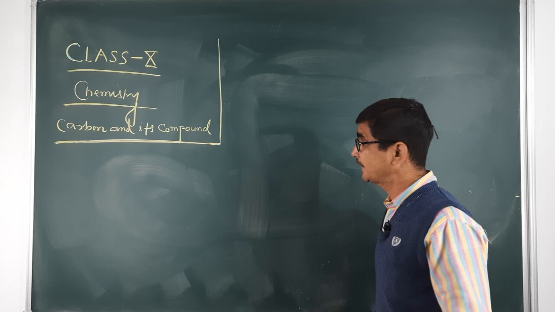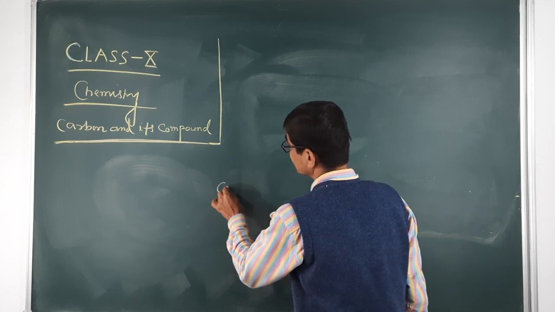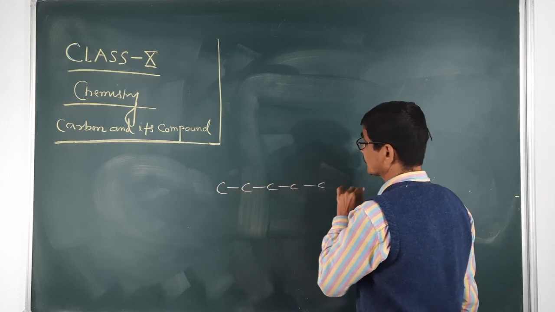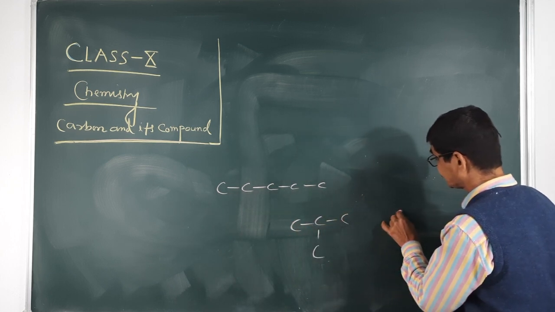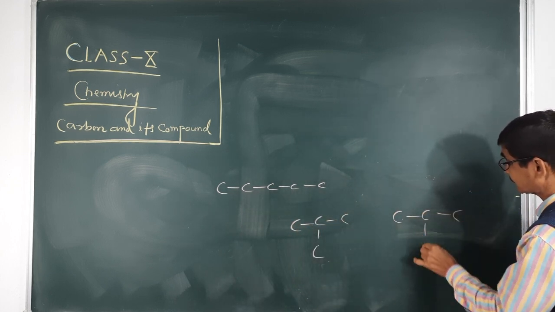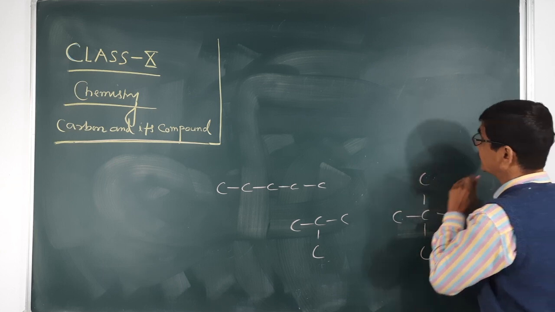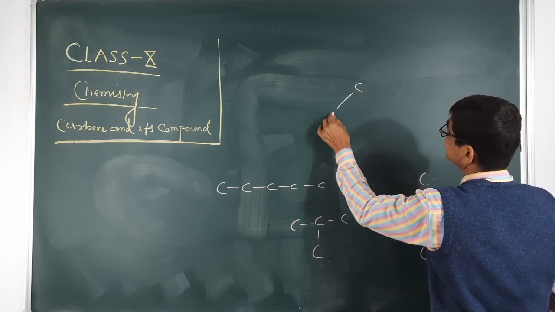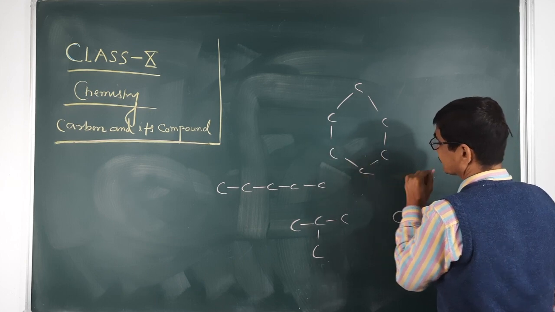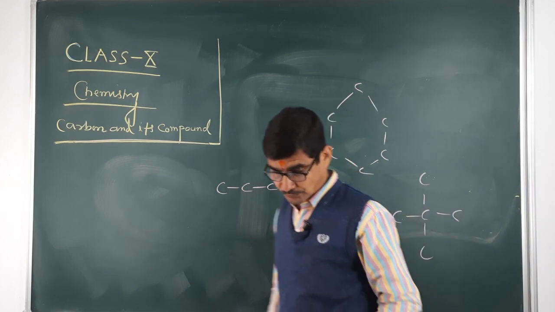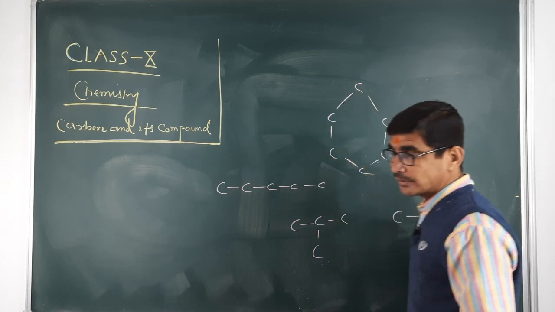And self-linking may be straight, it may be branched, or cyclic. Okay, such property of carbon is called catenation.